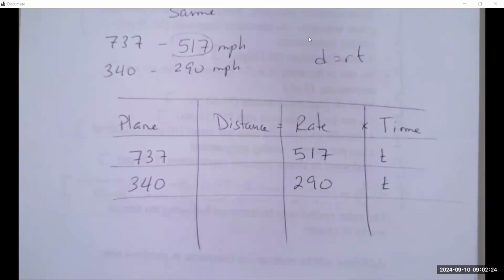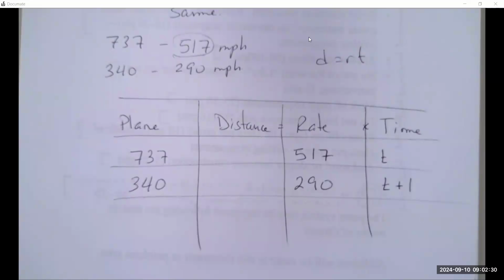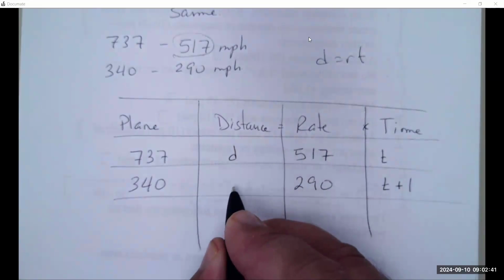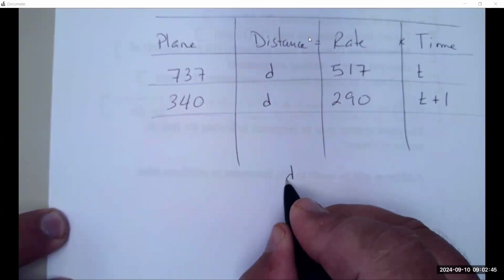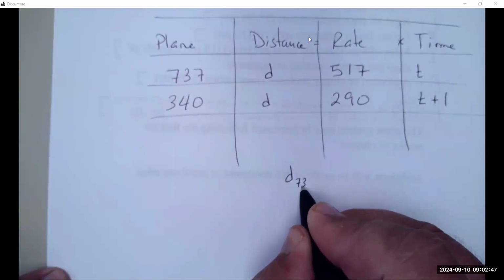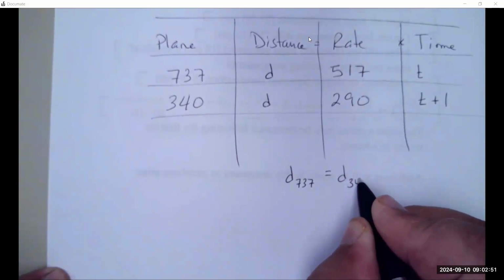But the Saab took off an hour before, so we add 1 hour to its time. And we want to know when they overtake each other, so when the distances are equal. So we want to know the distance of the 737 when it equals the distance of the 340.